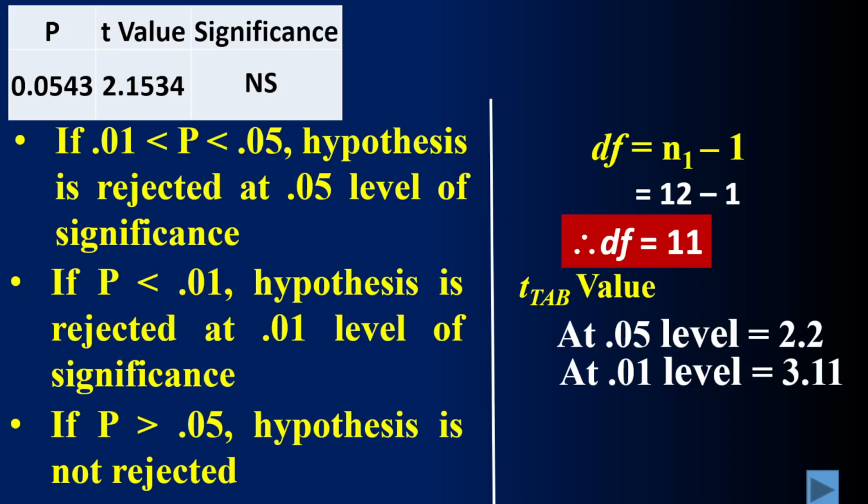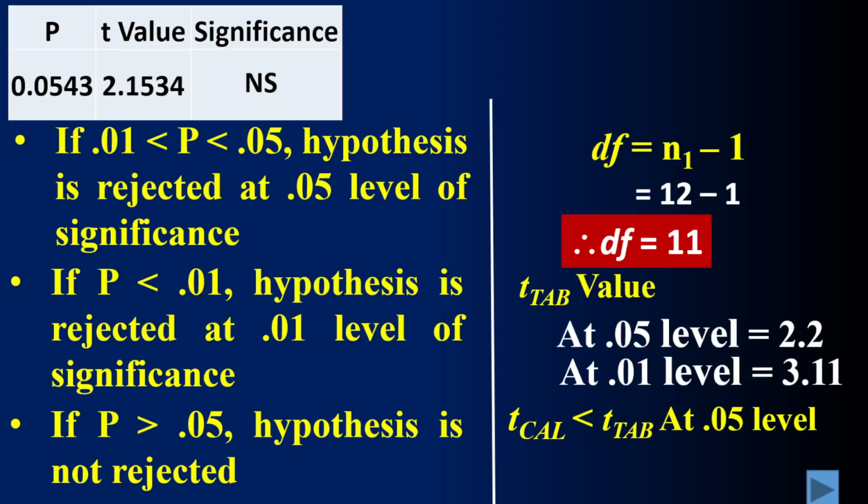And it is less than 3.11 also, the required value at 0.01 level according to t table. So our calculated value 2.1534 is less than both the values. So hypothesis will not be rejected, because t calculated is smaller than t table value at 0.05 level and also at 0.01 level.